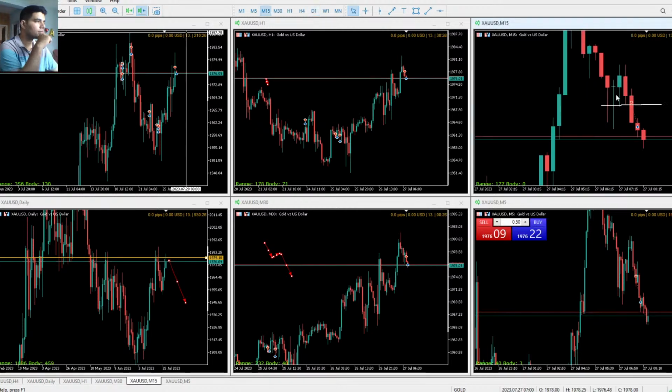If there were no long bottom wicks, just normal wicks, I would have held my position, but since the wicks are so long, I exit my position.